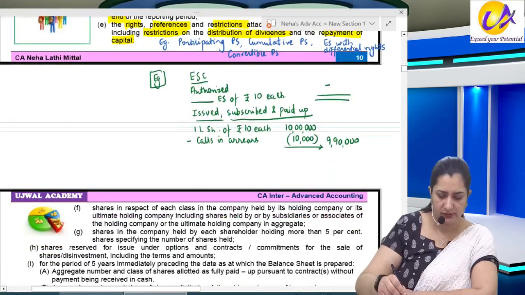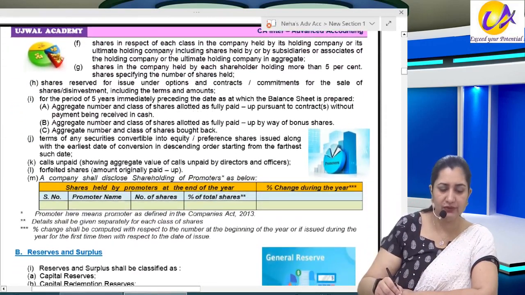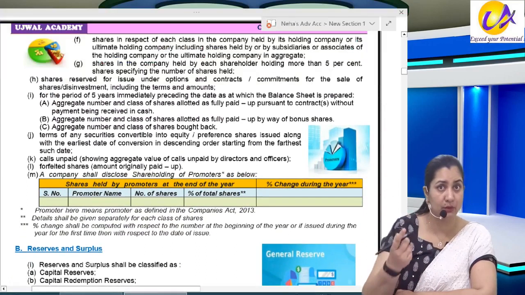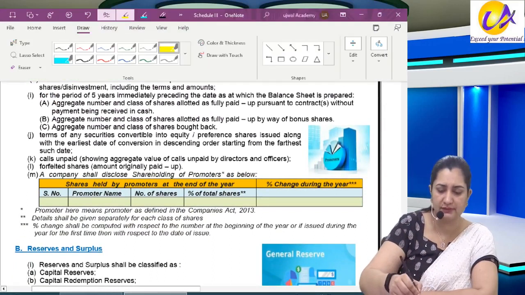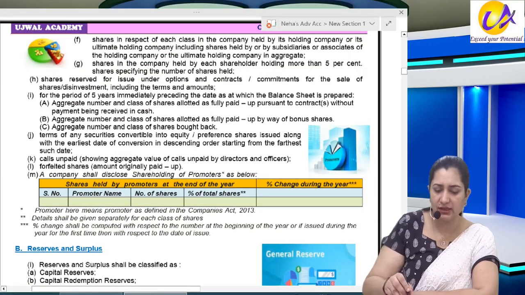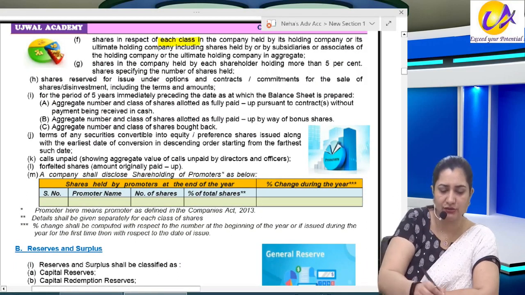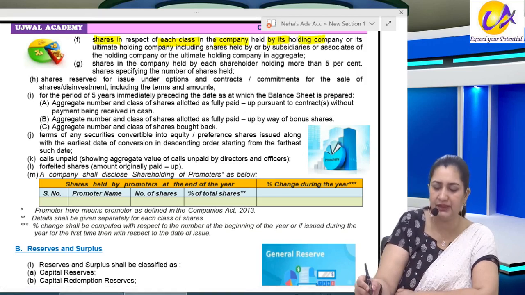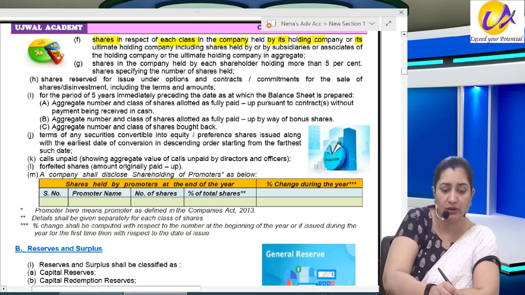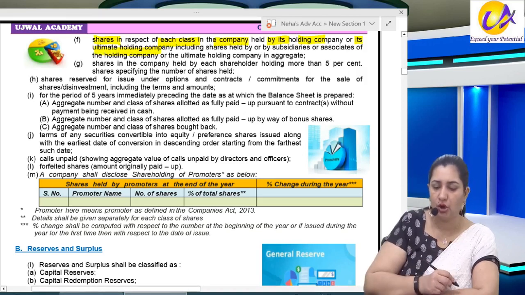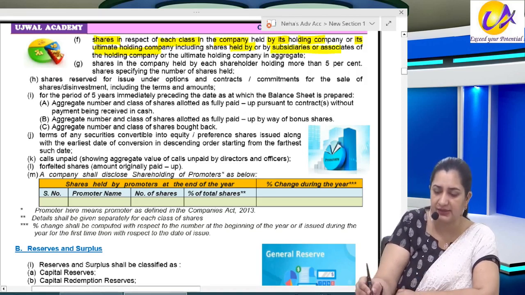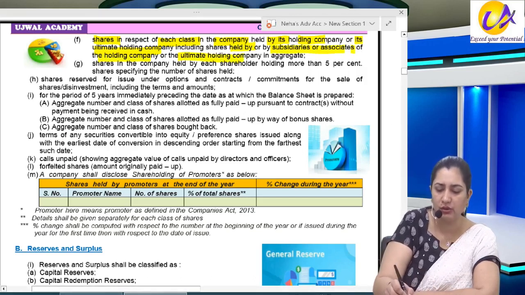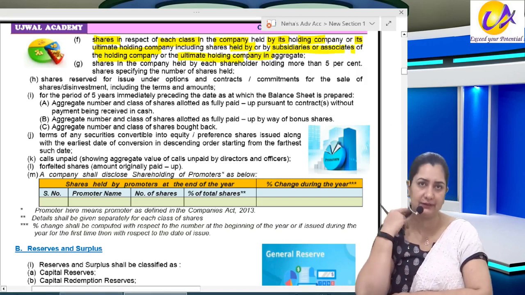Then you also have to give the shares held by, again now this is important. Now this is new also for us. Shares in each class, shares of each class of the company held by its holding company or its ultimate holding company, or shares held by subsidiaries or associates of the holding company or the ultimate holding company in aggregate.